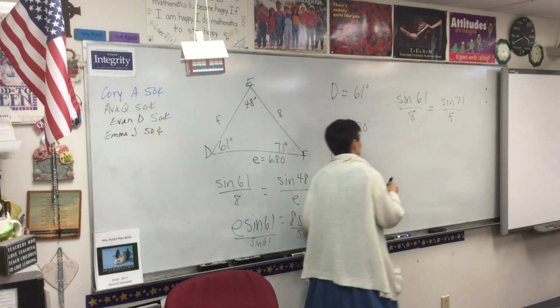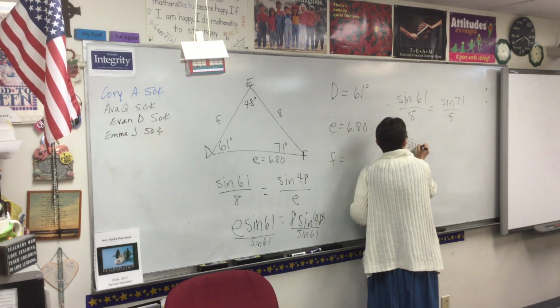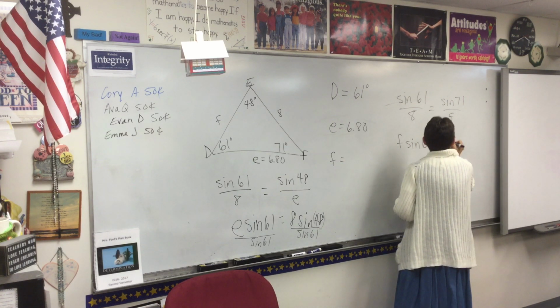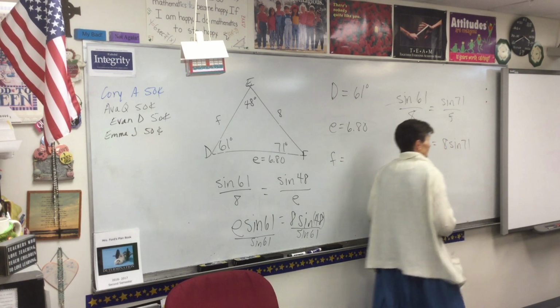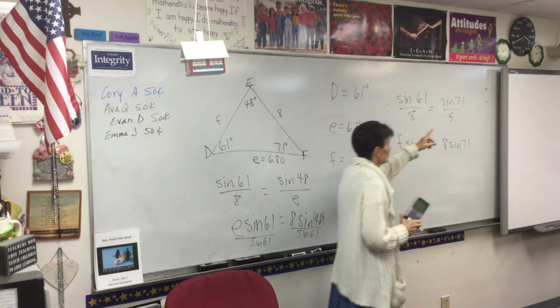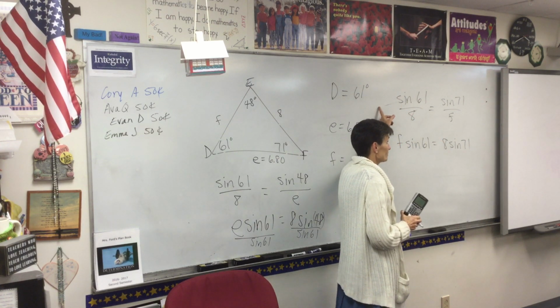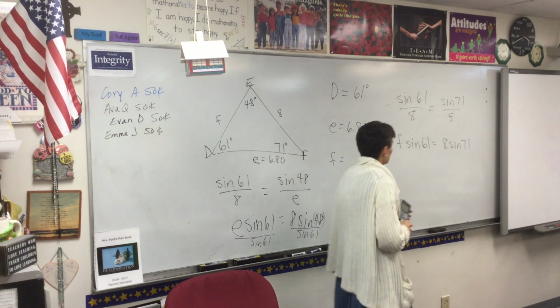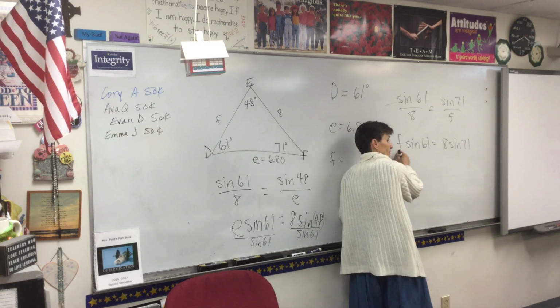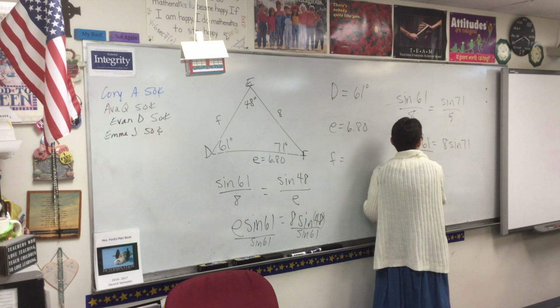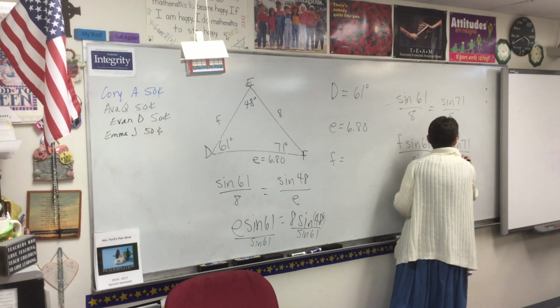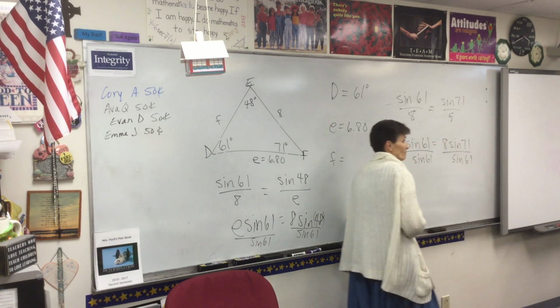Cross multiply, that's exactly right. So f sine 61 equals 8 sine 71. Jalen, pay attention. Now we're solving for f, so we're going to have to divide by sine 61, right?